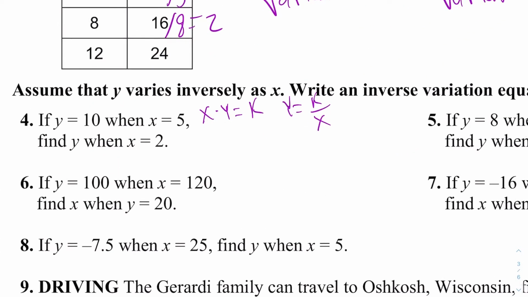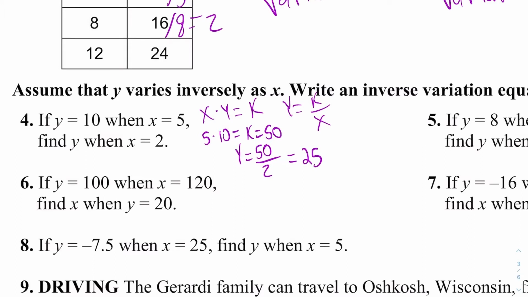So y is 10, x is 5. 5 times 10 equals k equals 50. K is equal to 50. Then it says x is 2. Find y. Well, y is equal to k divided by x, so y is equal to 25.